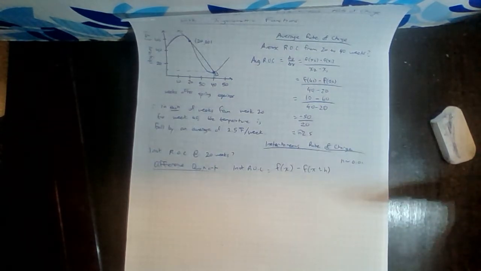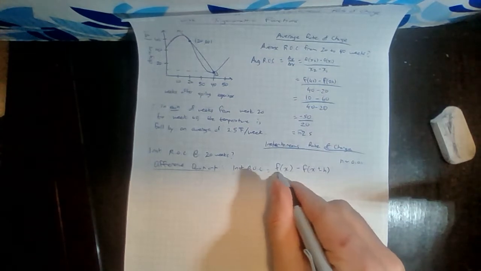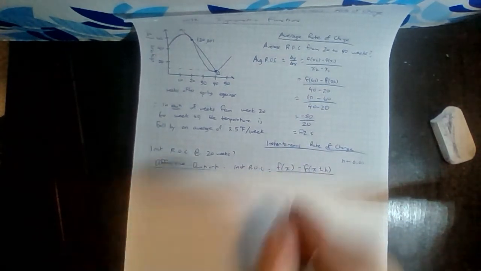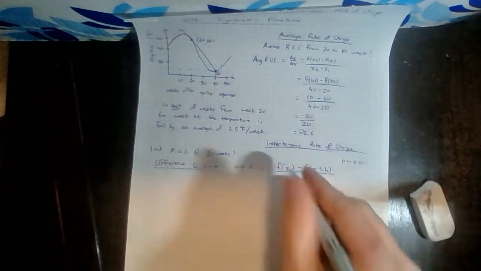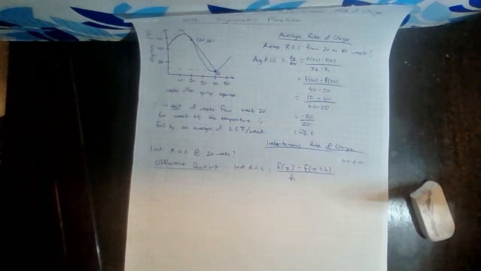Sometimes we might need a smaller number if we want more accuracy. Over the distance between x and x minus h, which is just h.